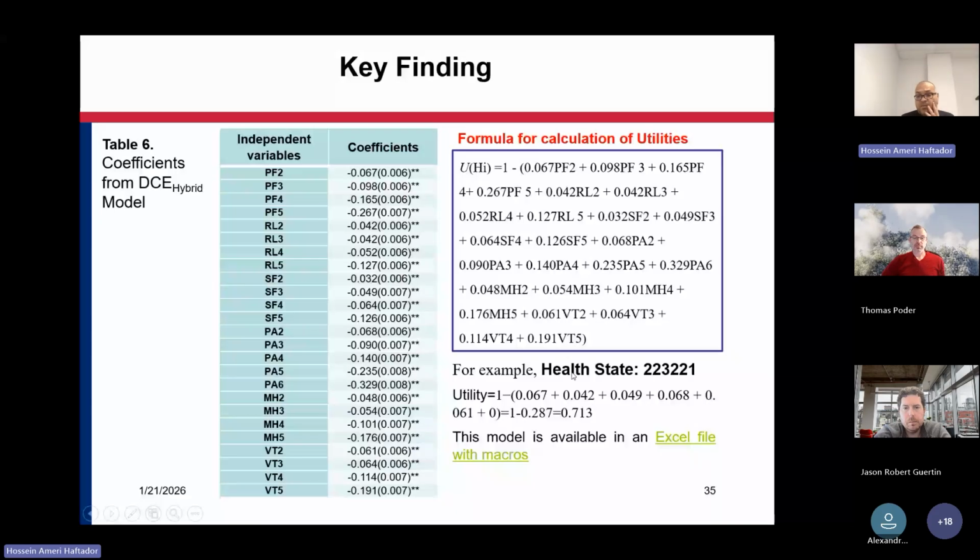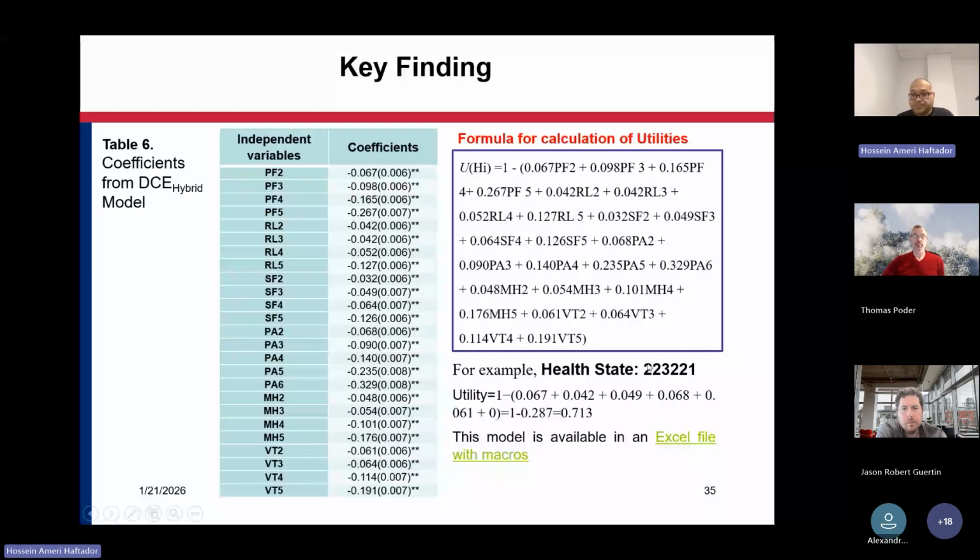If we have this health state 2, 2, 3, 2, 2, 1, it means 2 comes from this dimension, physical functioning, 2 from role limitation, 3 from social functioning, 2 from pain, 2 from mental, and 1 from vitality.